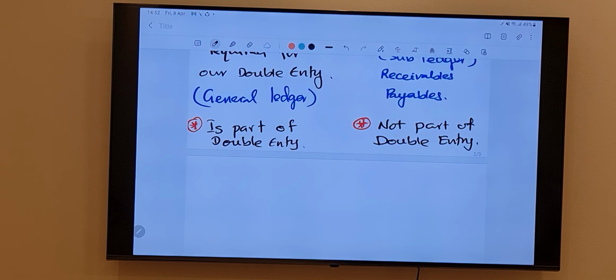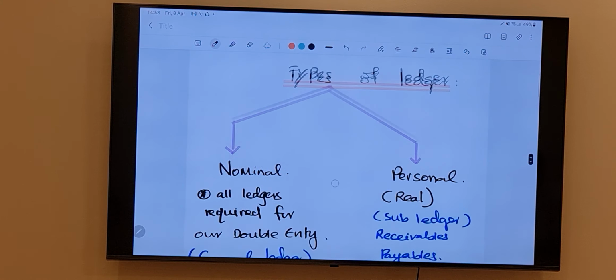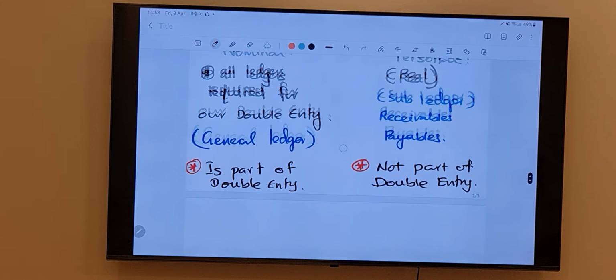But what are those two? Receivable and payable subledger. If you remember, we talked about the sales day book, and I told you that we will maintain separate individual accounts for the customers. That we will maintain here. Clear? So this is the classification relating to the ledgers.